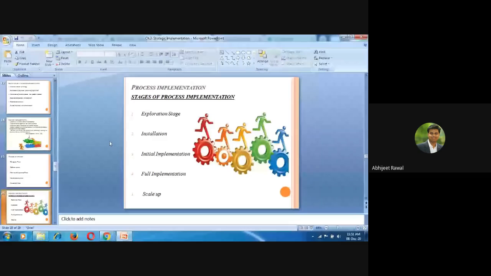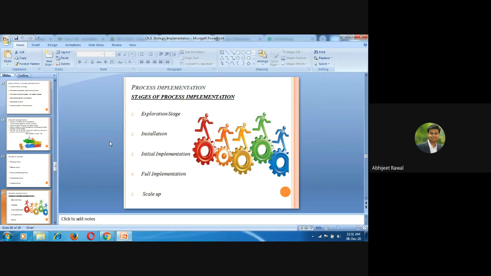You will find out what new things or innovative things you can find out in this project, and shall we go with this project or not. उसको हम लोग बोलेंगे exploration stage. In this, the organization will decide whether we should go ahead with the implementation project or not. They will decide at this level.